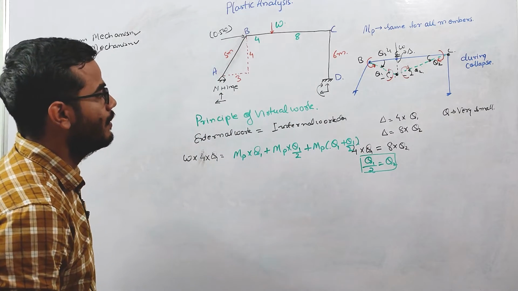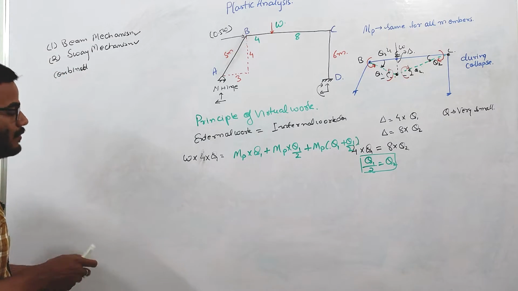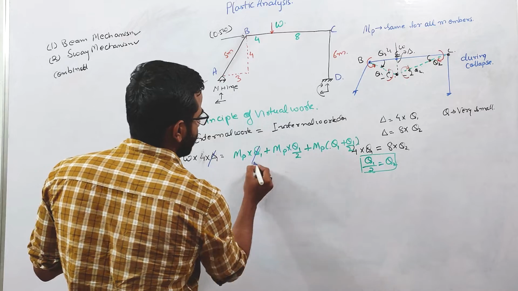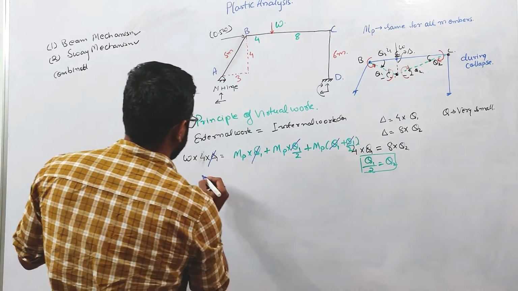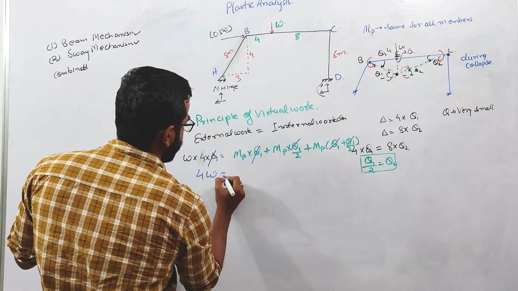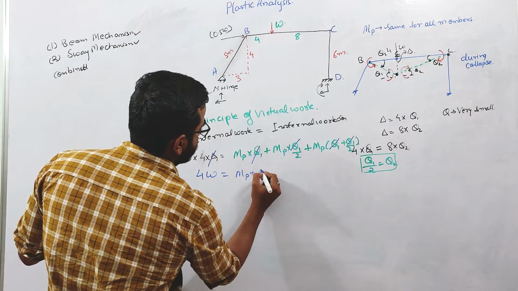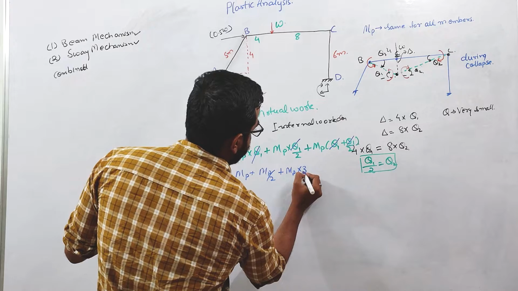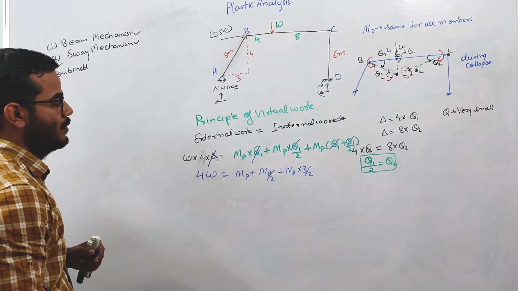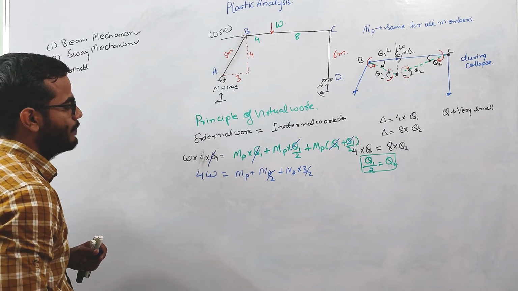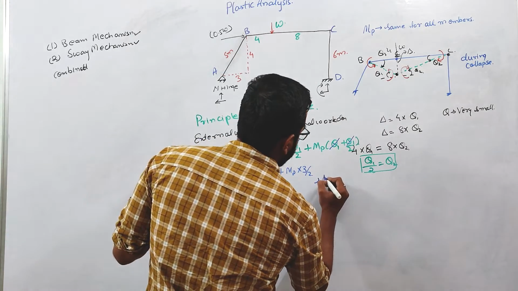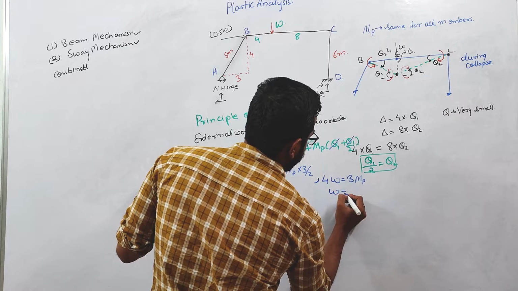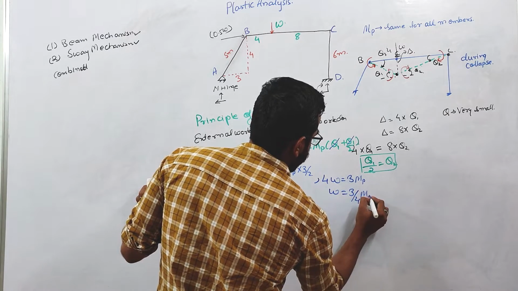Okay, right? So if you solve this equation, theta 1 will cancel out. So I can write 4W equals MP plus MP by 2 plus MP into 3 by 2. So 4W equals 3 MP. So from here W equals 3 by 4 MP.